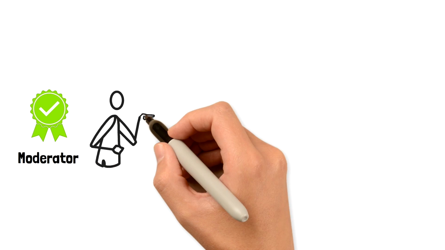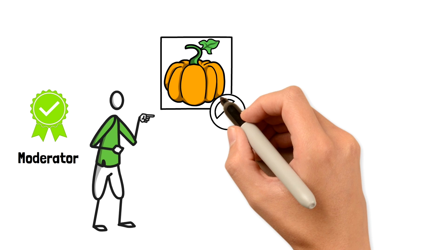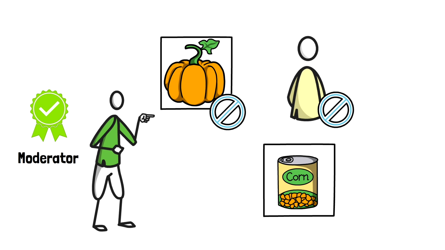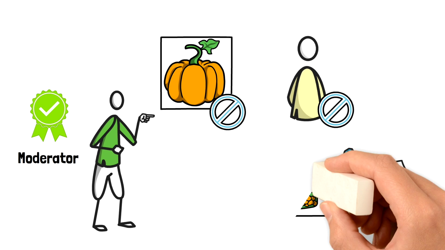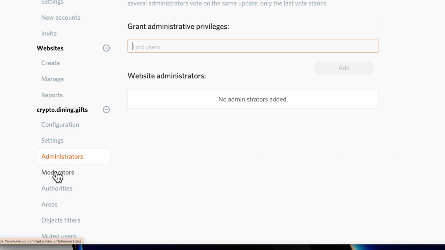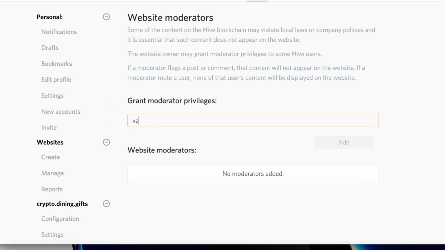The moderators can hide certain posts and comments. They can even mute some users so that all their posts and comments will not be visible to your website visitors. You can grant moderator privileges to any Hive user.